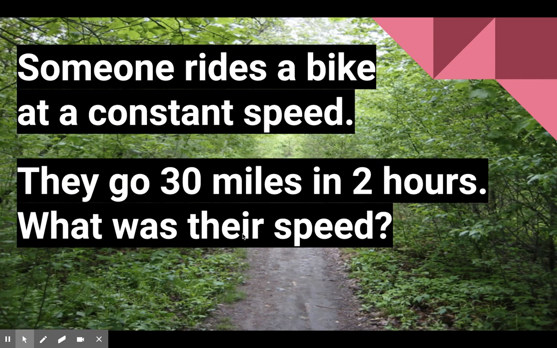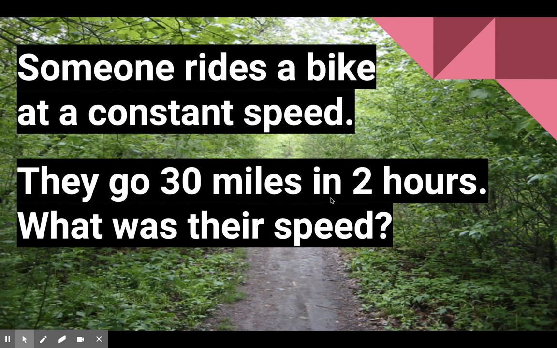So someone rides a bike at a constant speed. They go 30 miles in 2 hours. What is their speed? So hopefully you're realizing that the given is 30 miles in 2 hours, but to know their speed, we need to find the unit rate or the constant of proportionality, meaning that I want to know how much I can do in 1 hour, because remember the unit rate is per one, or the constant of proportionality.